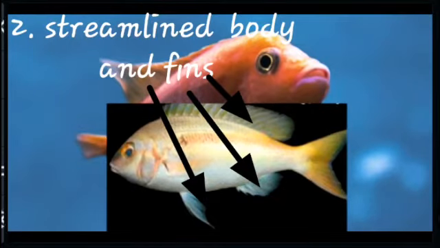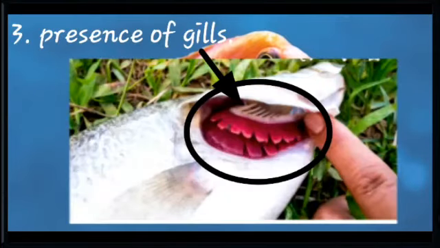Fish have gills. In this picture, you can see gills. You know very well that fish cannot breathe atmospheric oxygen. So, they take oxygen dissolved in water, and that dissolved oxygen they use for breathing.